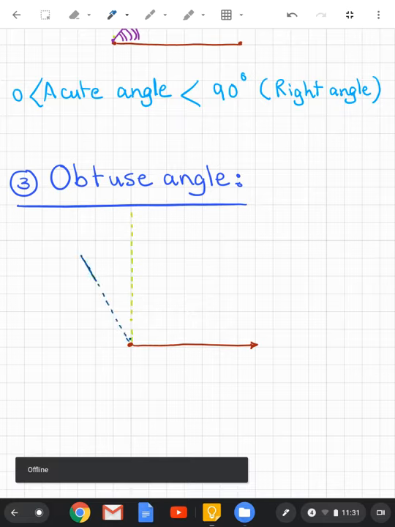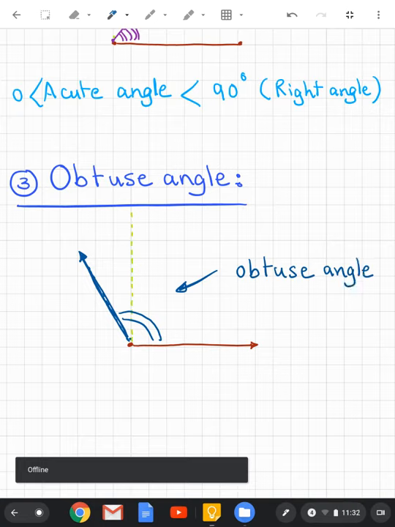For example, like this. So the distance here, or the angle formed here, we call obtuse angle.